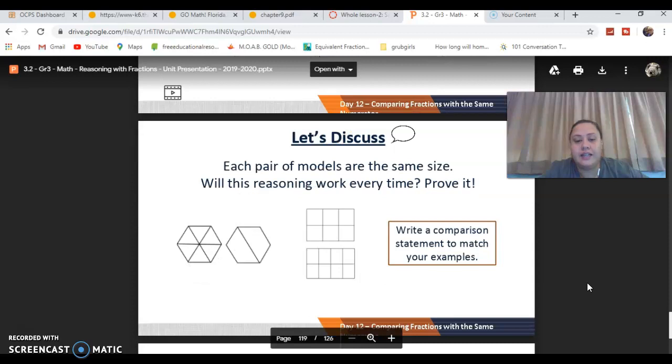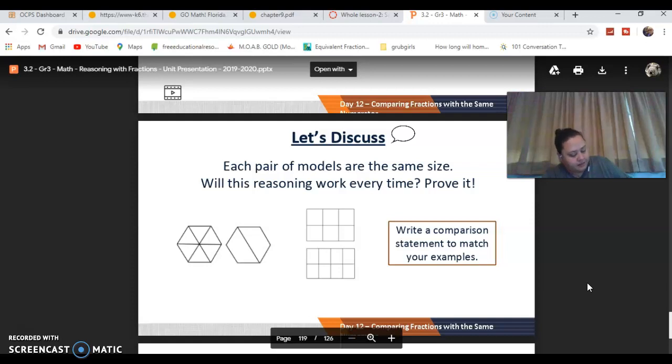All right, I want you to take a look here because this is where things can get a little tricky. They're asking, each pair of models are the same size. Will this reasoning work every time? I want you to specifically look at the hexagon and see that one hexagon has been cut into 6, and I'm going to draw it bigger here on mine, and the other hexagon has been cut into halves.